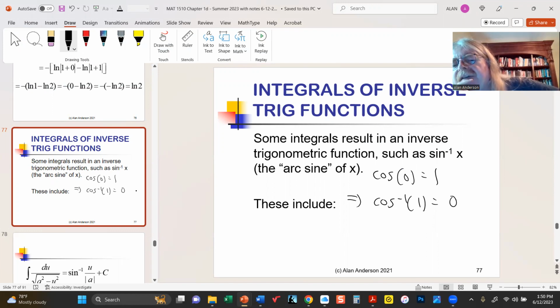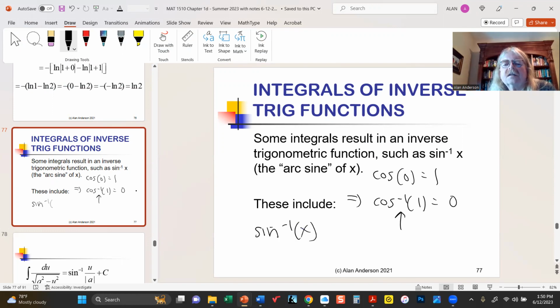In other words, instead of taking 0 and finding its cosine, what you're saying here is: what value has a cosine of 1? So they're written as sine, arcsine, arccosine, and arctangent.